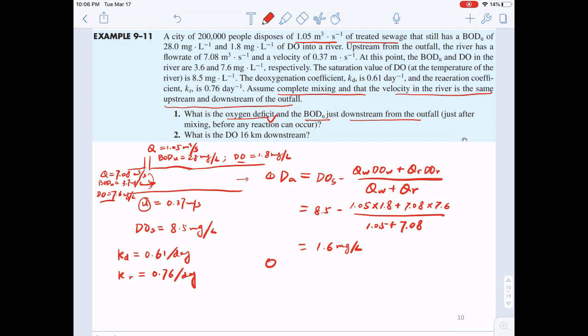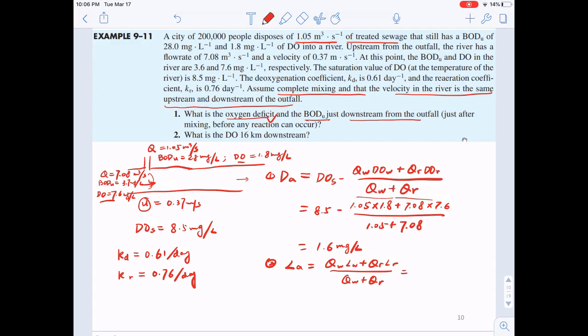For the second parameter, the BOD, or the remaining organics at this mixing point, it is calculated directly using the mass conservation law, which is (Q_W L_W plus Q_R L_R) divided by (Q_W plus Q_R).